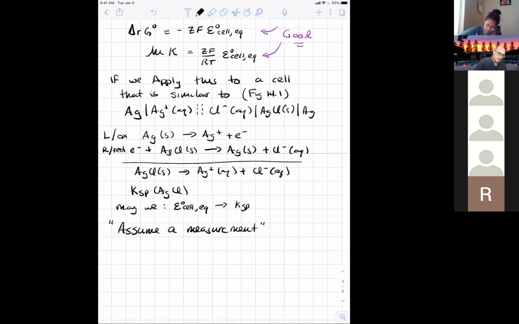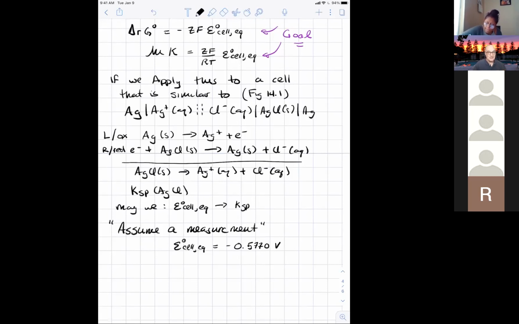assume a measurement. I'm putting this in quotes because it turns out not to be this easy, but let's assume a measurement gives negative 0.5770 volts. Now, as I said a couple minutes ago, it's not going to be as simple as setting up this cell, hooking up a voltmeter to it, and getting this voltage.